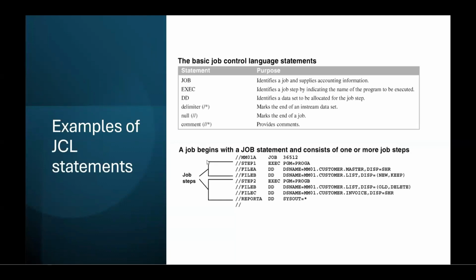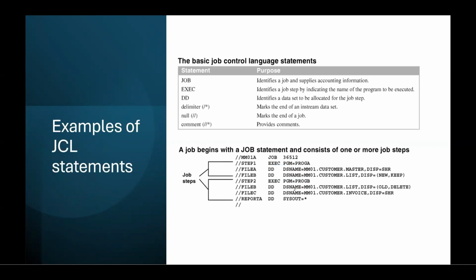And after that, you will have the EXEC statement. The EXEC statement identifies a job step, indicating the name of the program to be executed. In this example, you can see we have this step 1, and in this step 1 you have the EXEC statement, which is the execution of this program, EXEC PGM equals program A. And this is the next step, which is program B. So you will have different EXEC statements, and in those EXEC statements, you will be executing different programs.